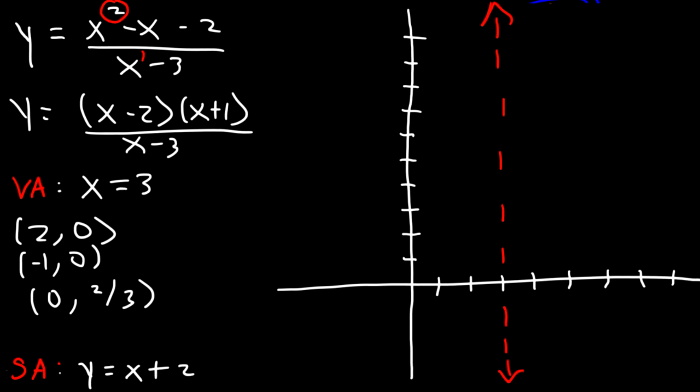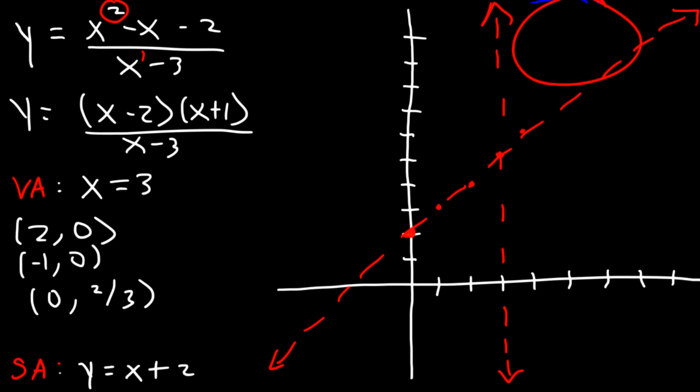And then the slant asymptote, which has a y-intercept of 2 and a slope of 1. So we can see the graph looks something like this. So now we have more space in this region.